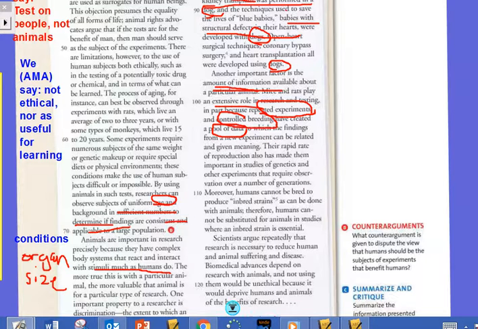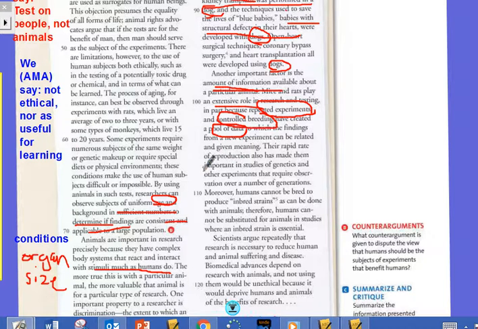So in other words, there's been so much research on rats and mice that they know so much about them. And they're also genetically similar. They can breed the rats to all be genetically similar.